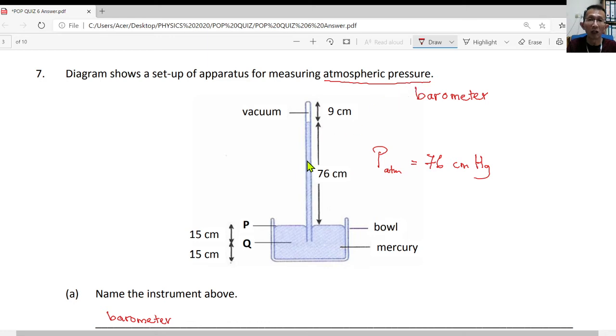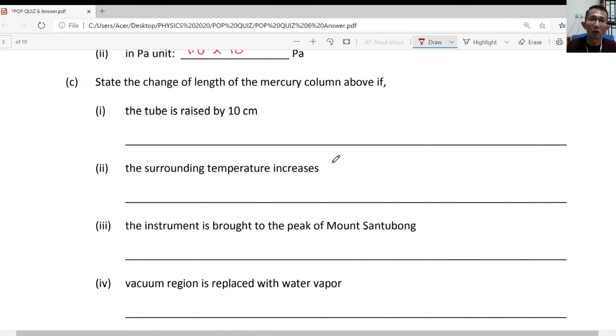Whatever you do to the length of this tube, the length of this mercury column will remain the same vertically. If I tilt this at a degree, maybe 45 degree or 60 degree, the vertical length of the mercury column remains 76 centimeter. Okay, mercury.